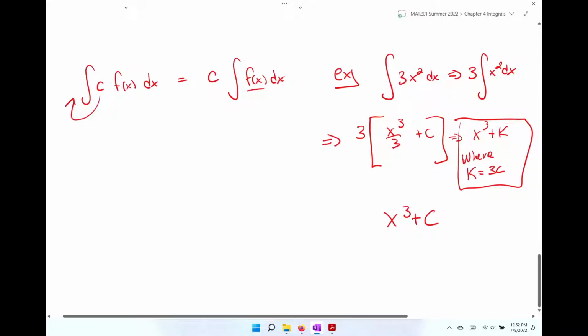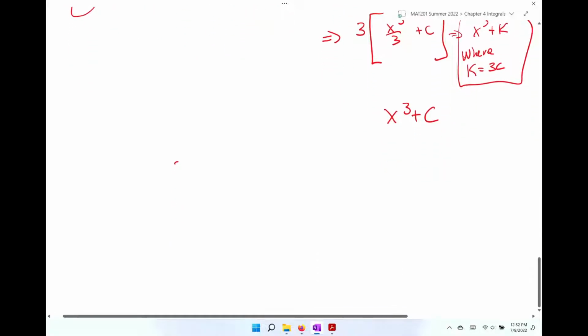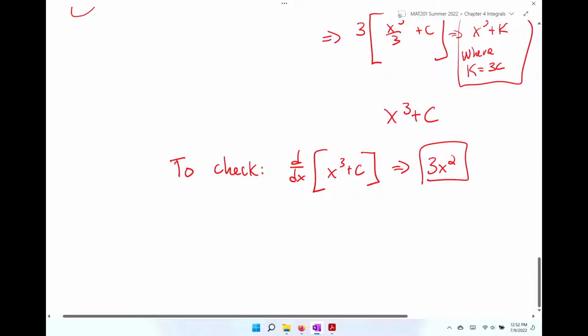And if you go back and differentiate this to check ourselves, notice that I don't care what that constant is, because no matter what, when you differentiate this, you're going to get 3x squared, and the derivative of a constant is 0, which is the original function that we wanted to integrate.